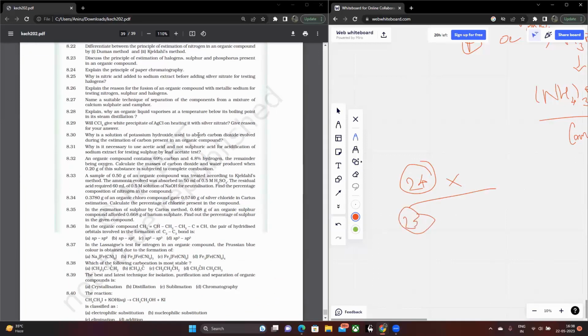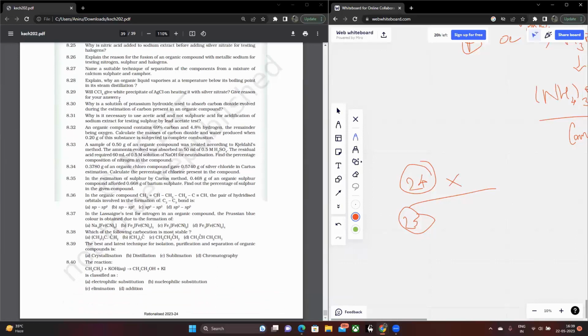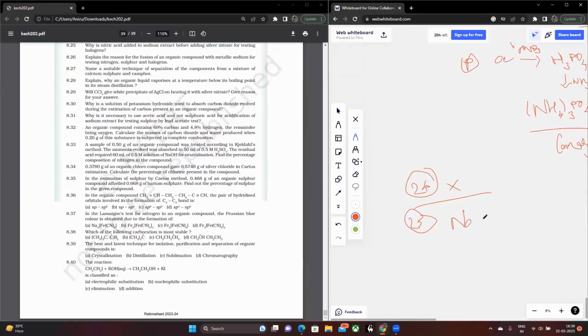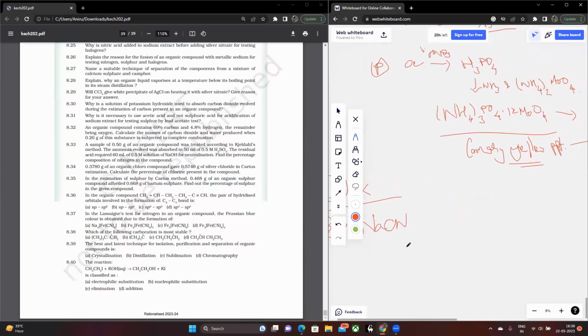Question number 25. Why is nitric acid added to sodium extract before adding silver nitrate for testing halogens, right? It's boiled with nitric acid to decompose NaCN and Na2S if they are present, right? Because if they are present, they would react with AgNO3.